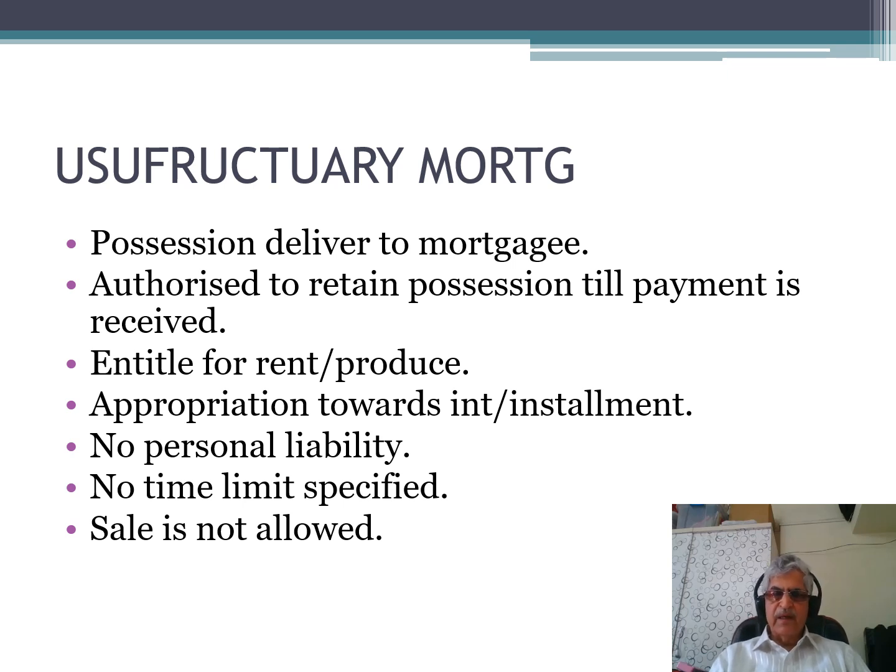This can happen when the property is rented out and the receipt is income, or if there are fruit gardens where income can be generated. In that case, only this type of mortgage can be executed. There is no personal liability and no time limit, and sale is not allowed in this property.